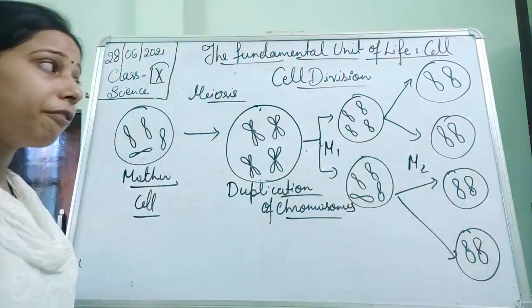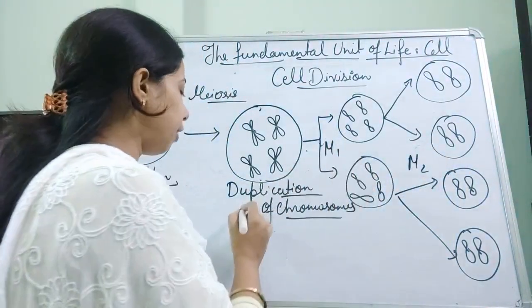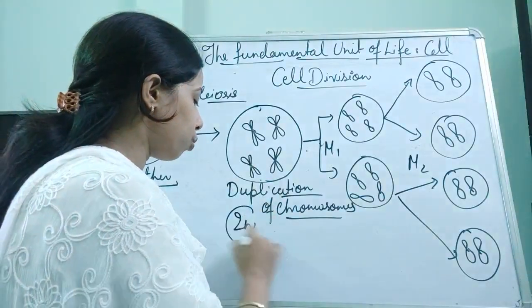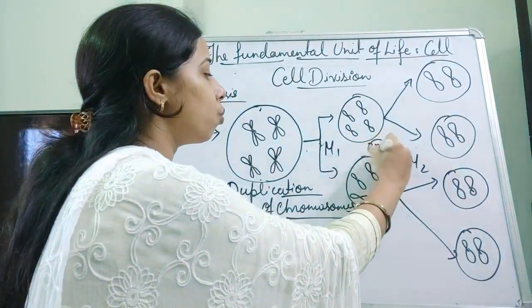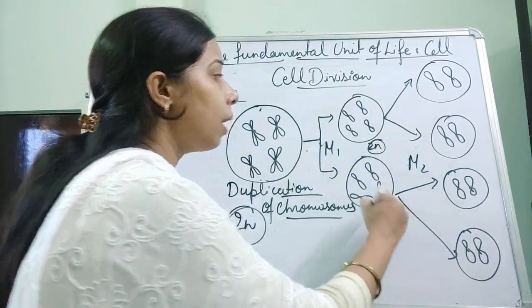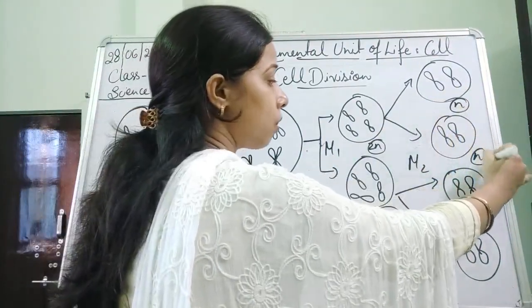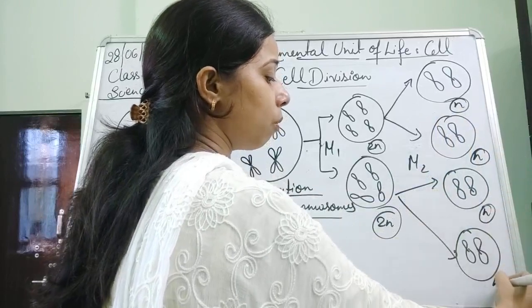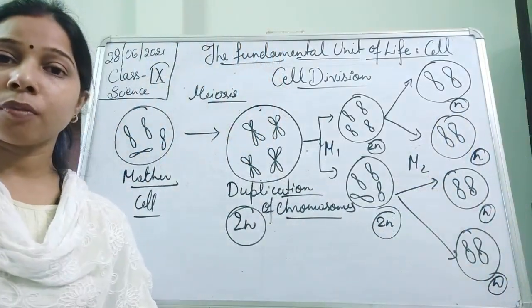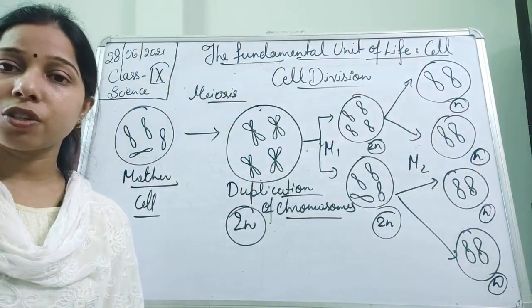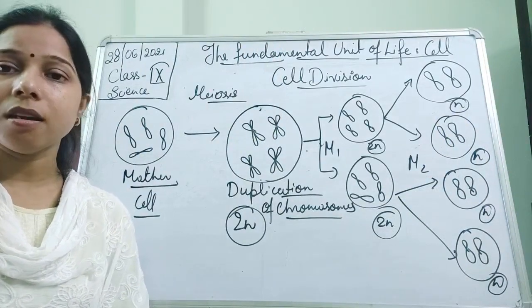In the M1 phase, if the cell has 2n chromosomes, students, both resulting cells also have 2n, but on further division each becomes n. This becomes n, this becomes n, and this one also becomes n. So this is how the division happens in the case of mitosis and meiosis.